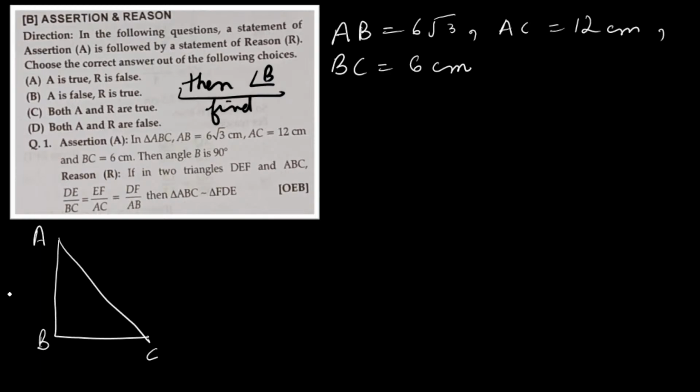Just the sides are given: AB is 6 root 3, BC is 6 centimeter, and AC is 12 centimeter. From these three things, I have to find out whether angle B is 90 degrees. Do we have any result for right angle triangles?